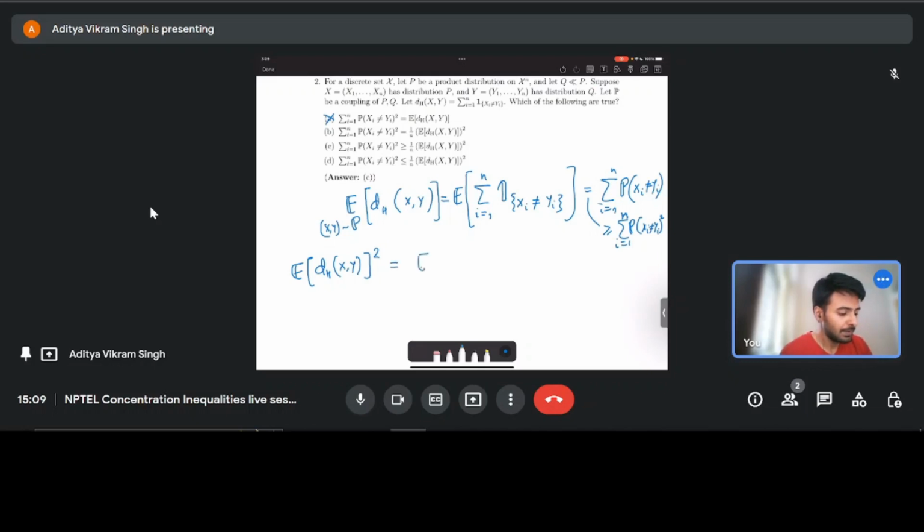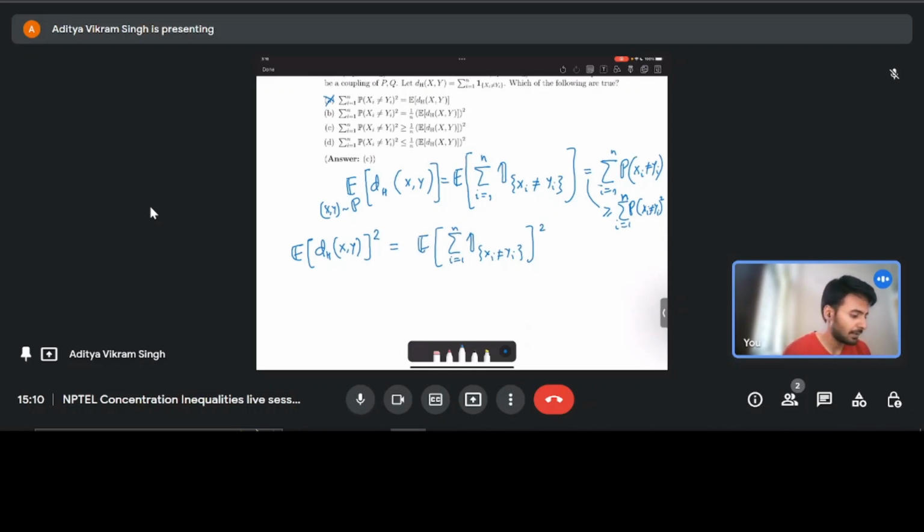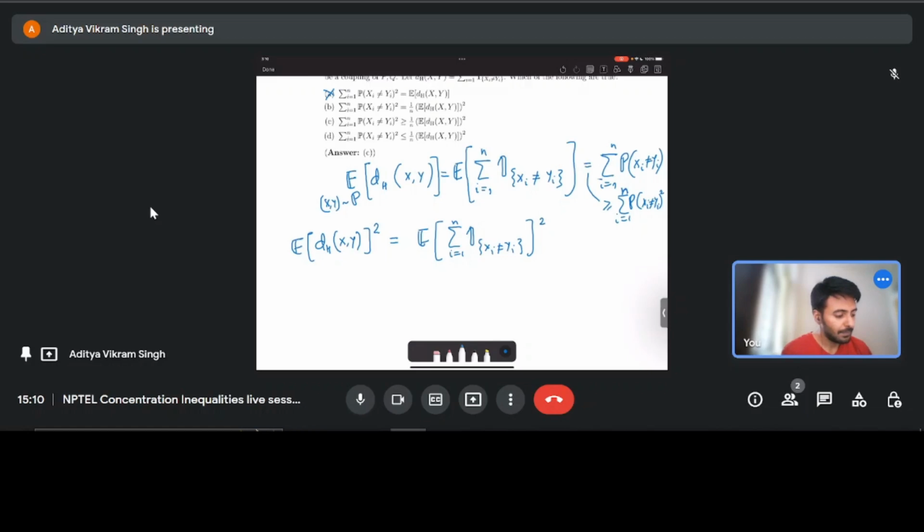That would be the expected value of the sum over i equals 1 to n of the indicator of Xi not equal to Yi, the whole square. And somehow we want to bring in this probability that Xi not equal to Yi, the whole square, that kind of quantity.